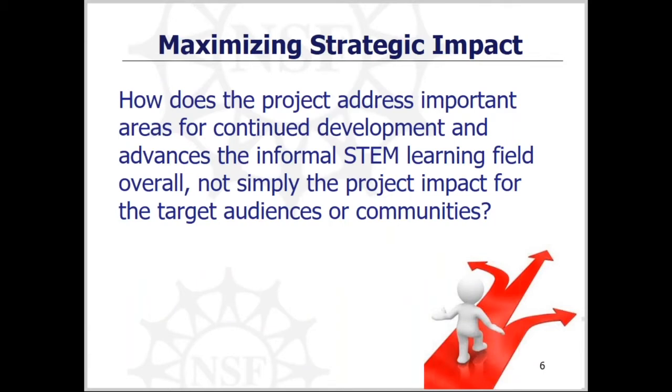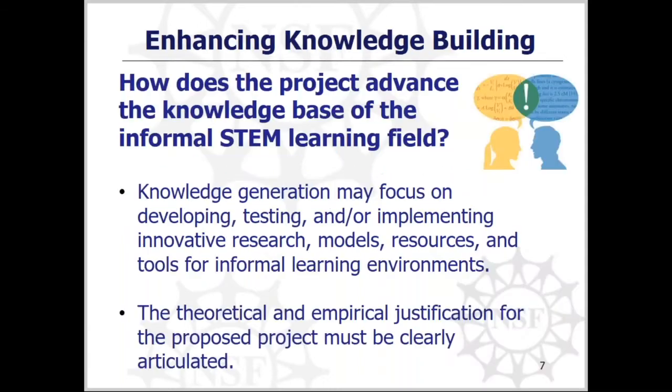So that's where the word strategic comes from in the maximizing strategic impact. We're looking for projects where the impact goes beyond project level impact. Please note that strategic impact can be achieved regardless of the size of the organization or the population of the communities that are being served, and then finally the size of the target audience.